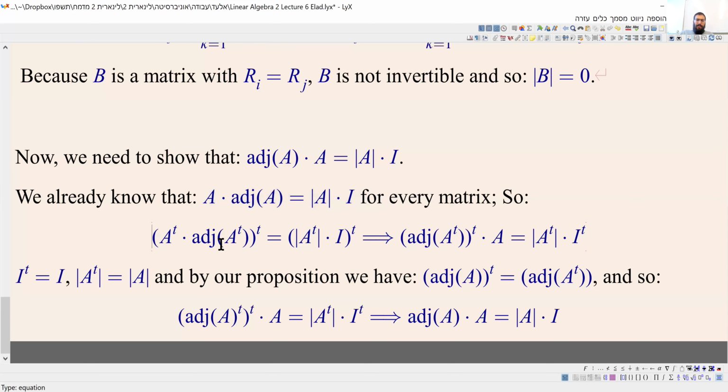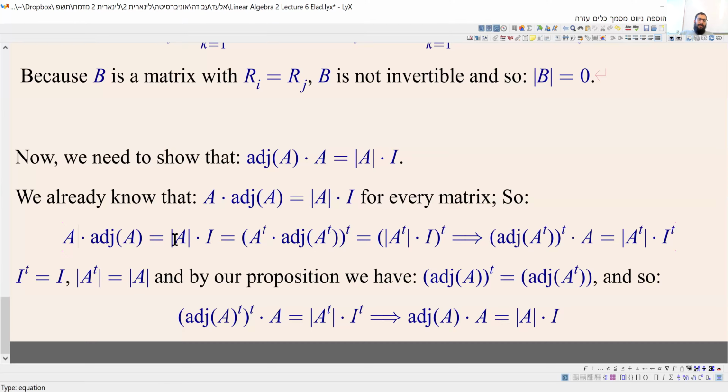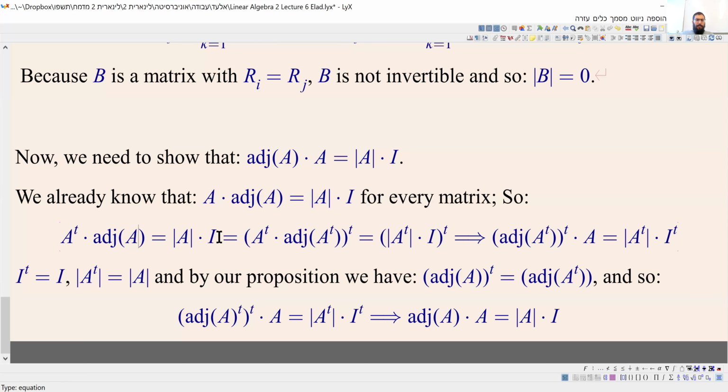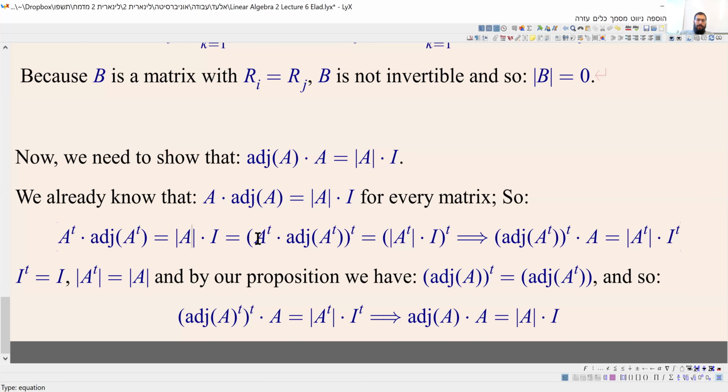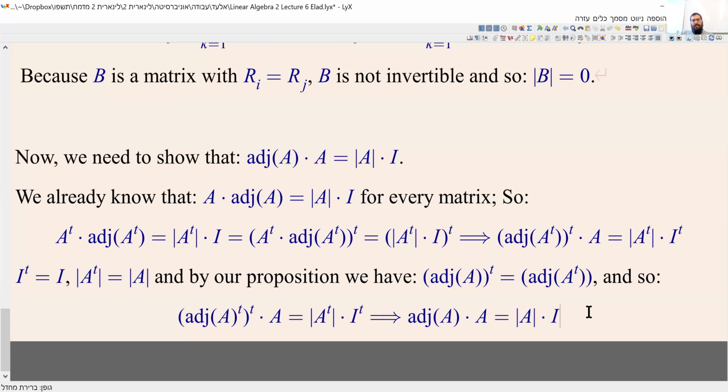And again, we can do it on A itself, and then at the end of the proof, claim that it is true for every matrix, including A transpose. This is the second side of the theorem, and QED, we got what we wanted.